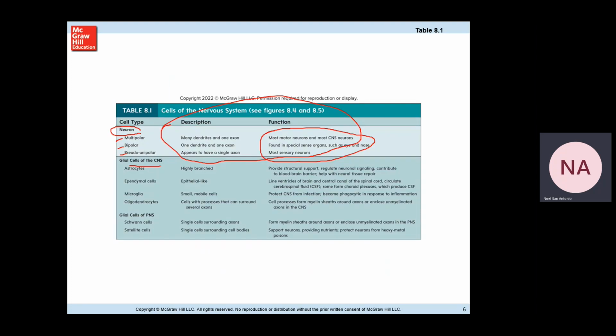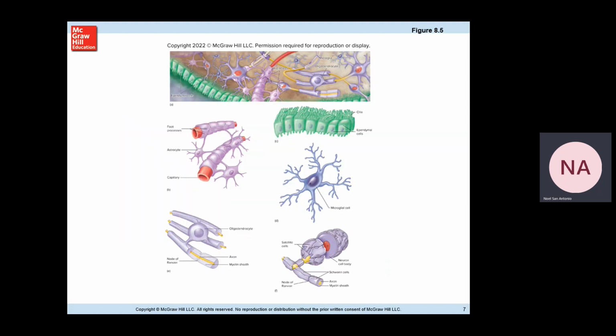We have glial cells in the CNS, the central nervous system, and we also have glial cells in our peripheral nervous system. So, these are the glial cells in the CNS. Let us take these first: astrocytes, ependymal cells, microglia, and oligodendrocytes.